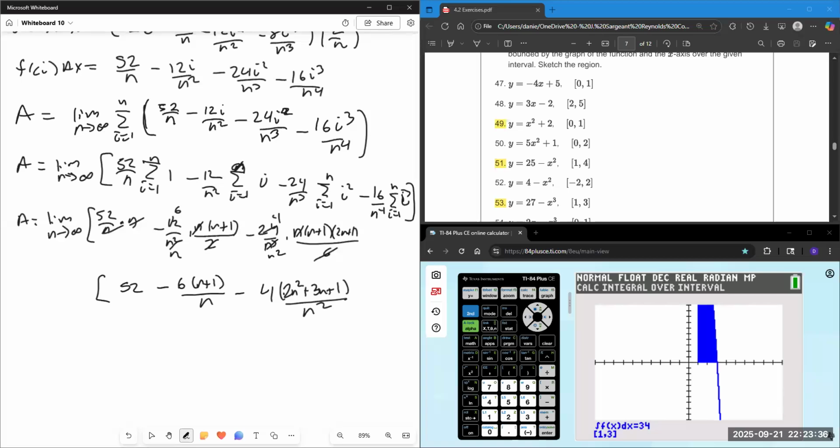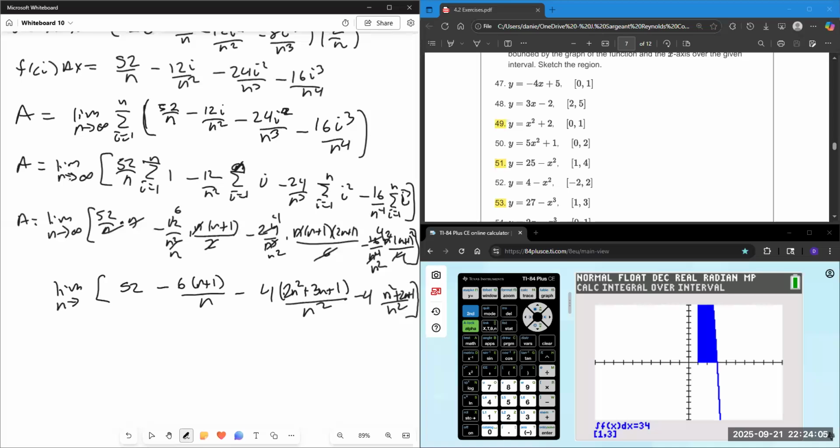And minus 16 over n to the fourth times n squared times n plus 1 squared over 4, or n squared plus 2n plus 1.